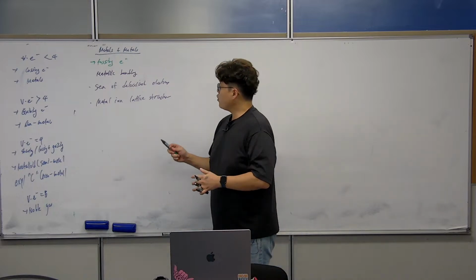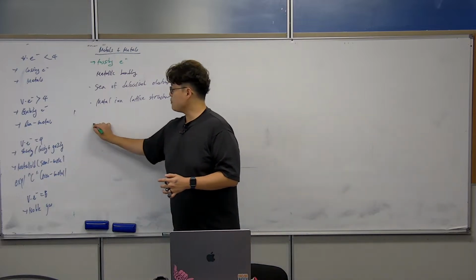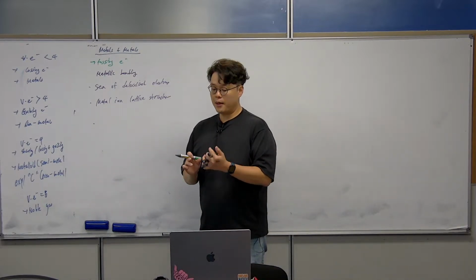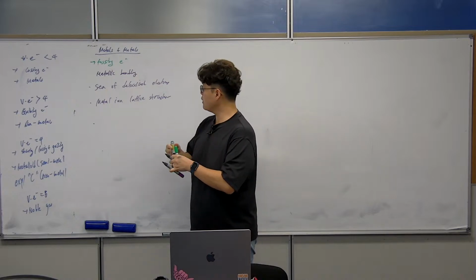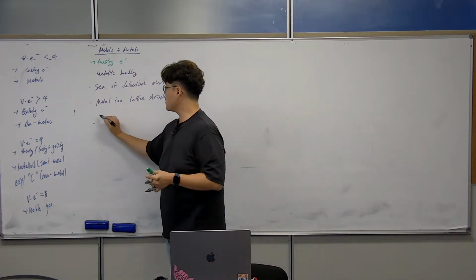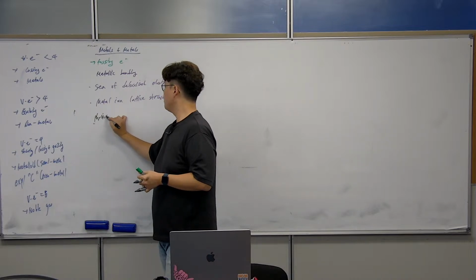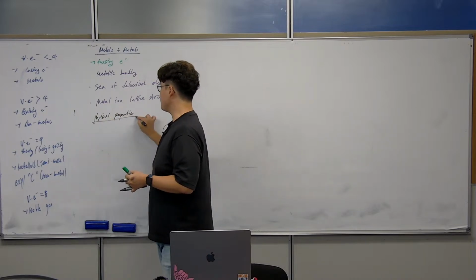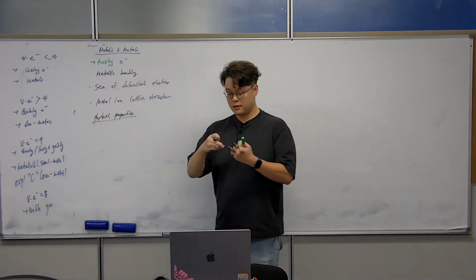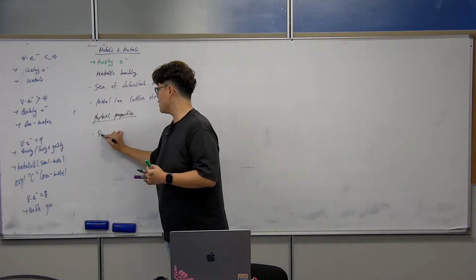First, we talked about many of the physical properties. Metal physical properties. What are some of the metal's typical physical properties? They come as solids at room temperature.